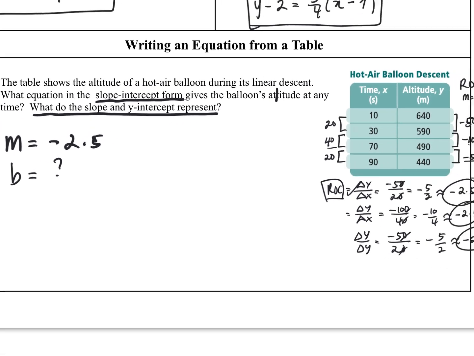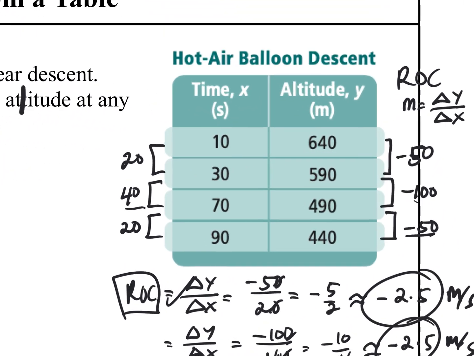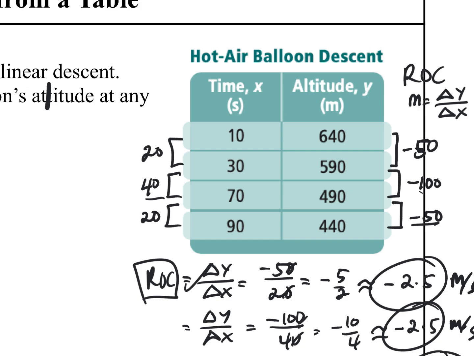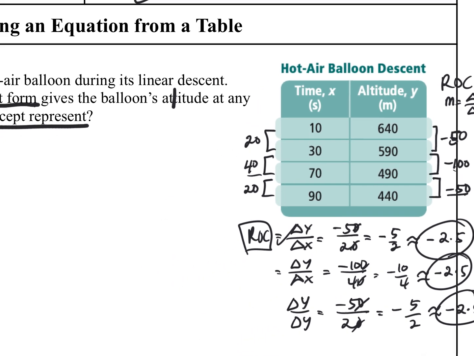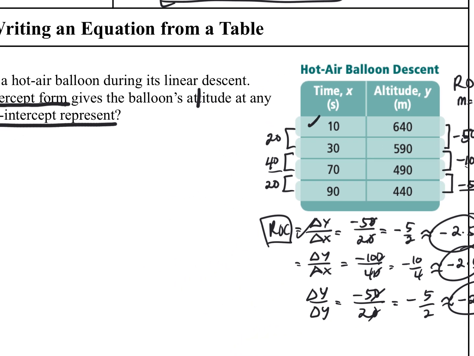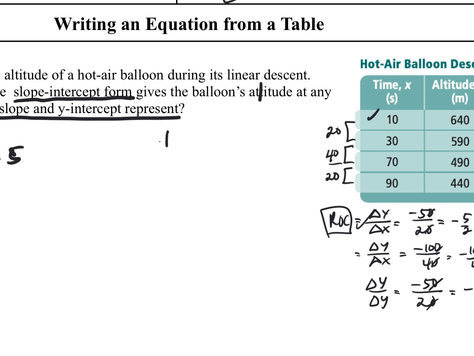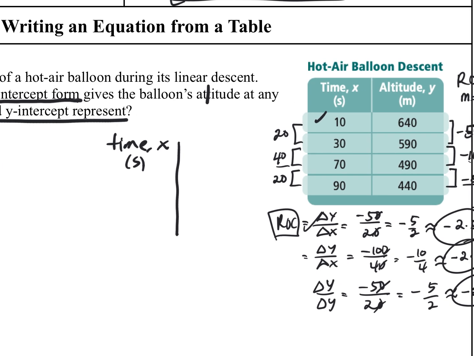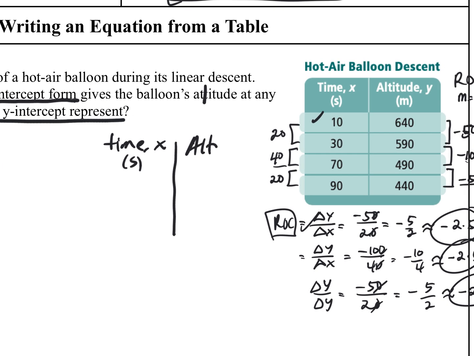Let's look at the graph. The graph started at 10. Here, x is time in seconds, and y is altitude in meters.